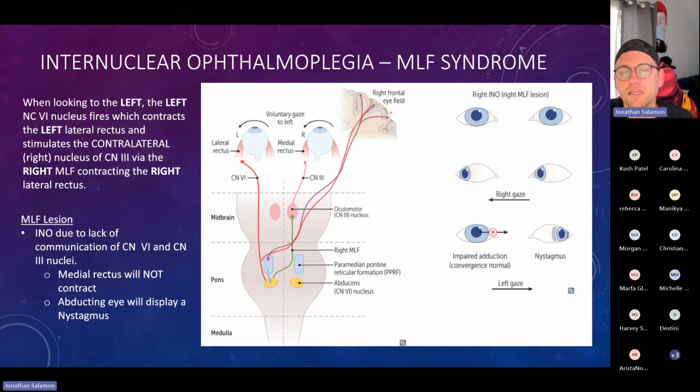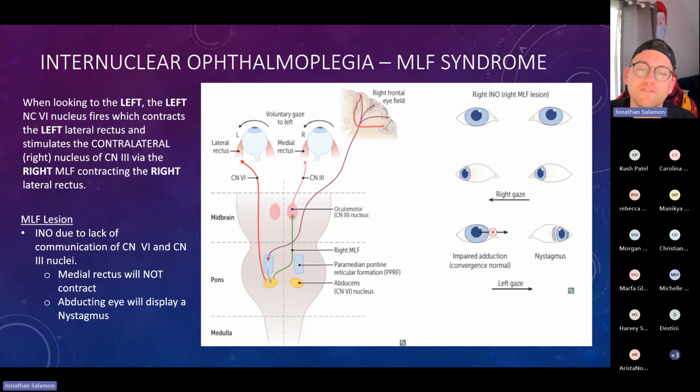So the right part of the brain is stimulating the PPRF, which is going to stimulate my left cranial nerve nuclei, right? My left abducens nuclei. And if you remember, cranial nerves are always on the same side as the lesion. The reason for that is because these are the lower motor neurons. The cranial nerves are the lower motor neurons.